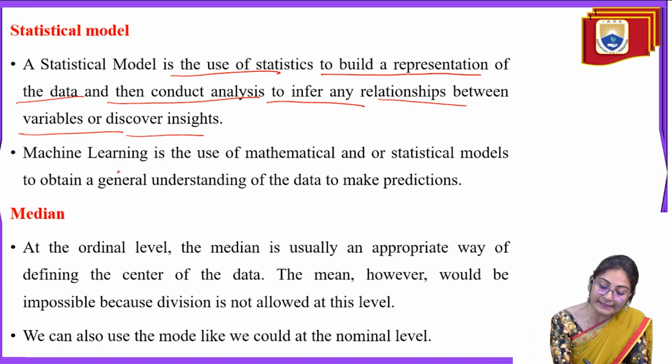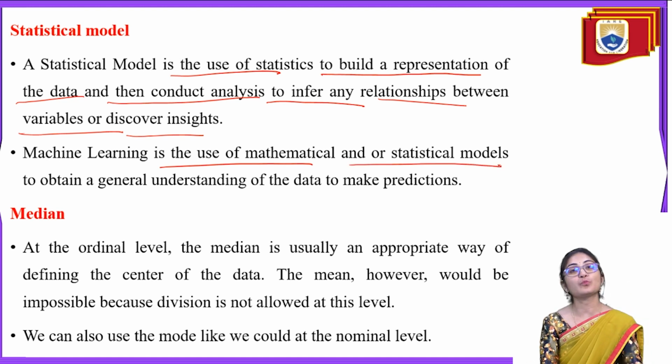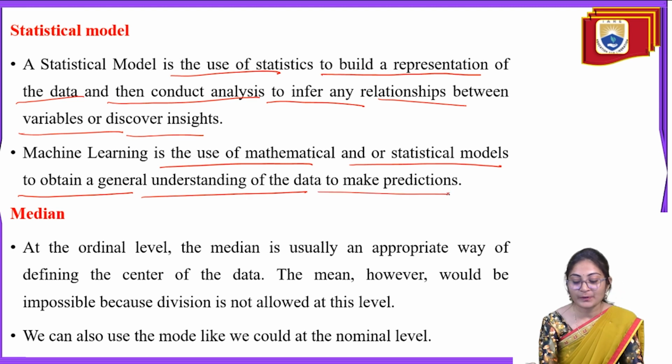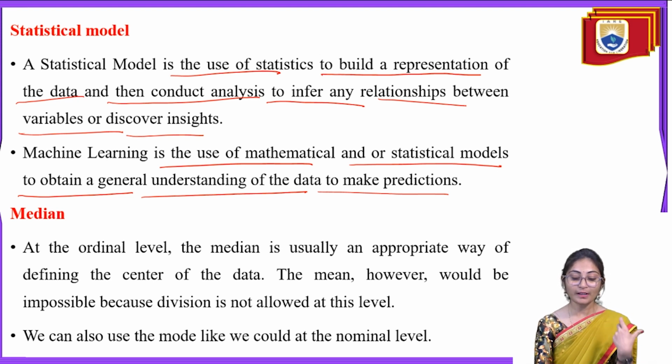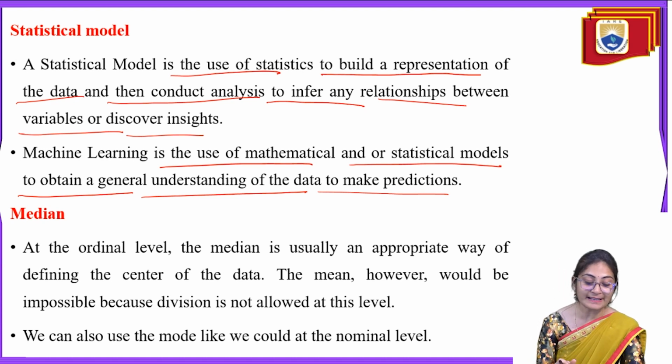Now machine learning is the use of mathematical and statistical models to obtain a general understanding of data to make predictions. So machine learning also uses some mathematical and statistical models for predicting the outcomes. Then next one is the median.